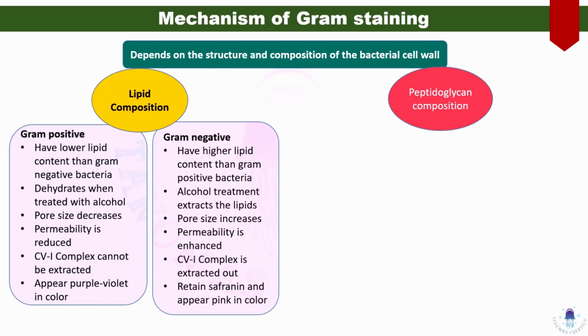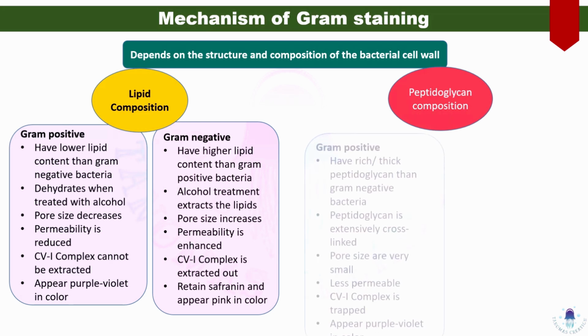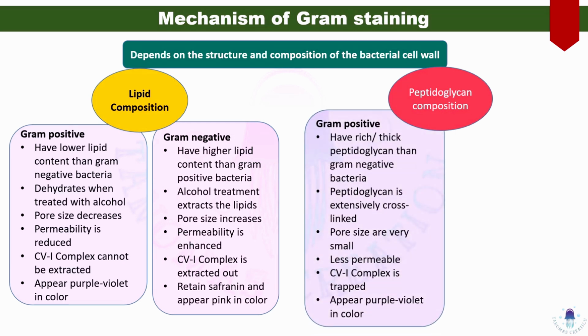In the alcohol treatment, the lipids are extracted, so pore sizes increase, permeability is enhanced, and the CVI complex is completely extracted out. Therefore they retain the safranin and appear pink in color. So this is the first theory that we know.